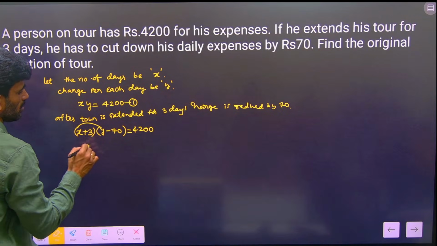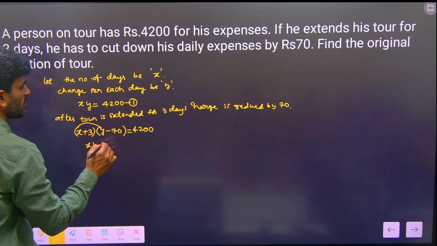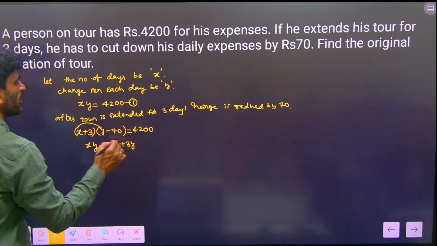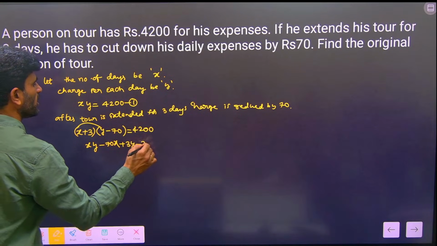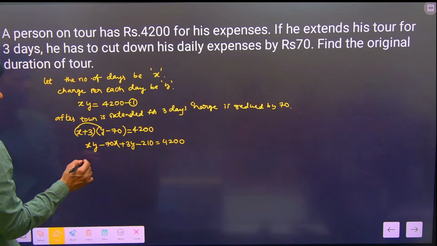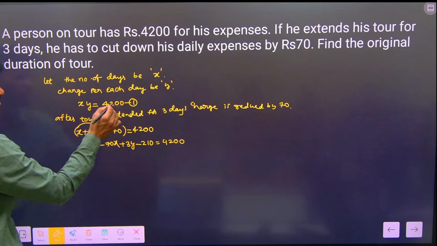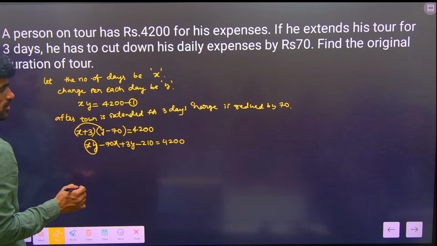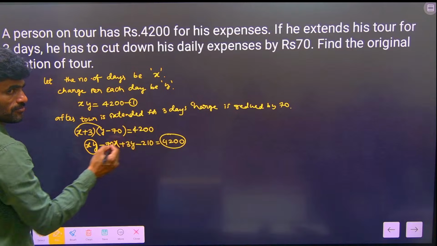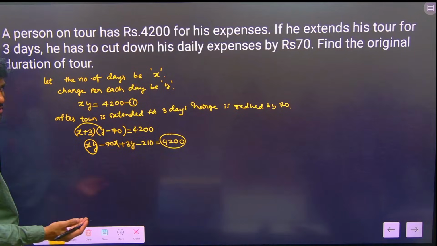Now x into y, x into minus 70, minus 70x. 3 into y, 3y minus 210 is equal to 4,200. So what happens, this xy is what? 4,200. Here also we have, these two are same. 4,200, 4,200. They both are same.